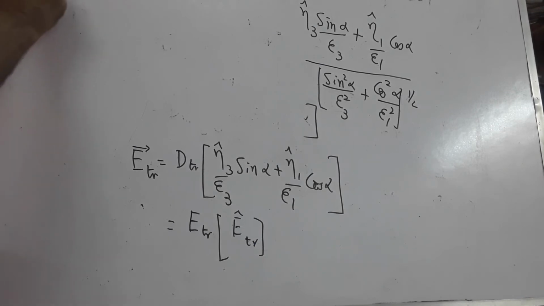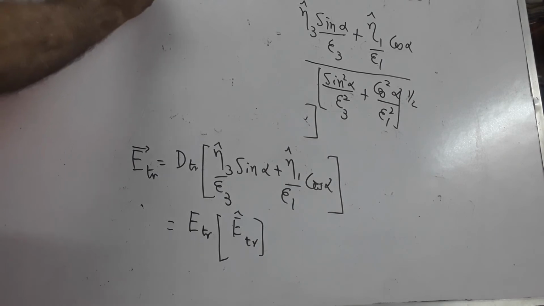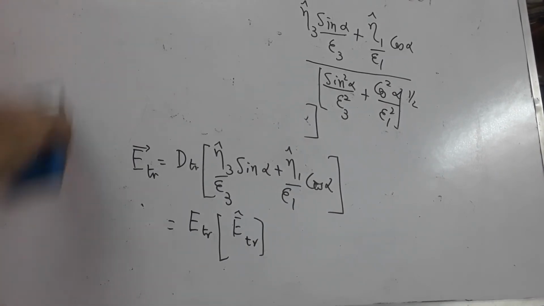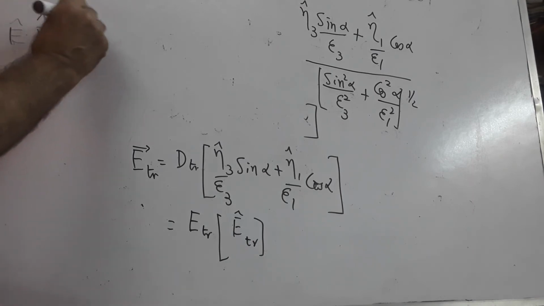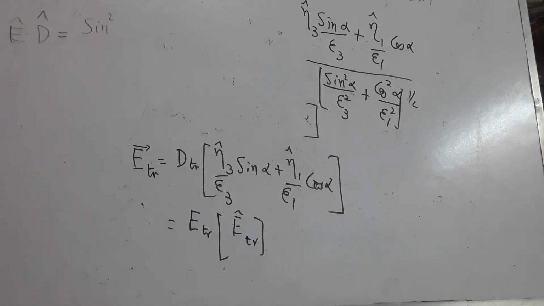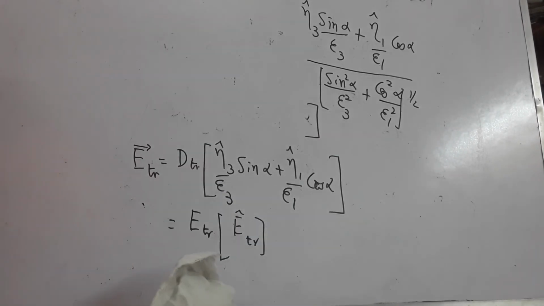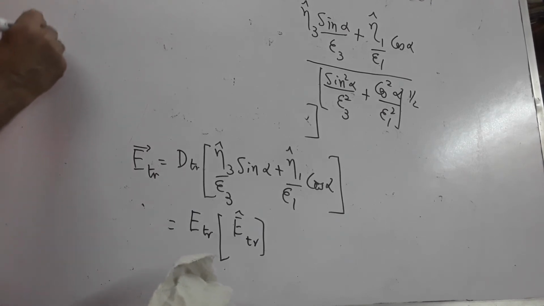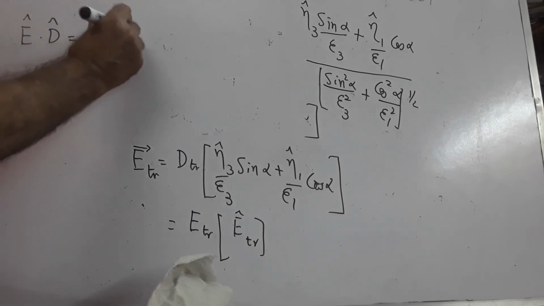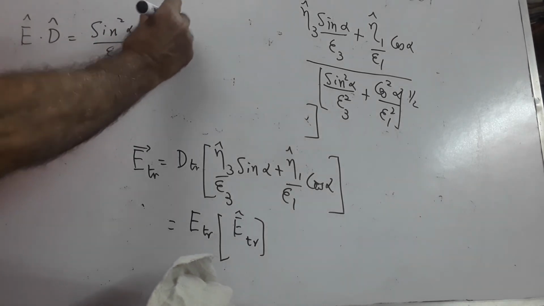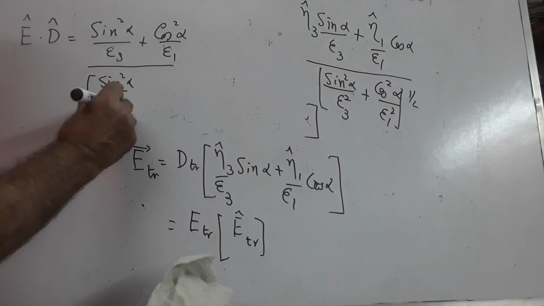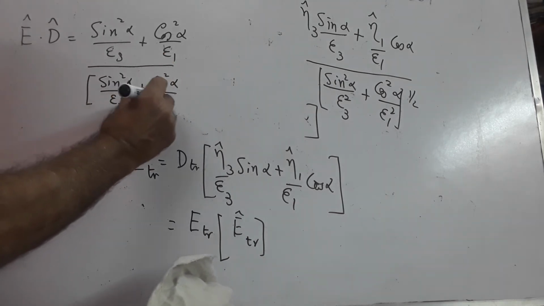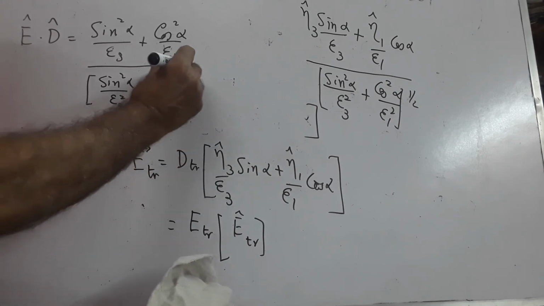So E cap dot D cap is sine squared alpha by epsilon 3 plus cos squared alpha by epsilon 1, divided by the square root of sine squared alpha by epsilon 3 squared plus cos squared alpha by epsilon 1 squared to the power half.